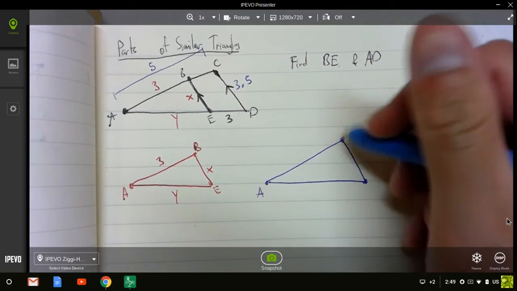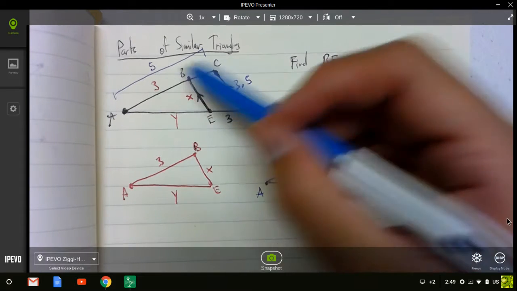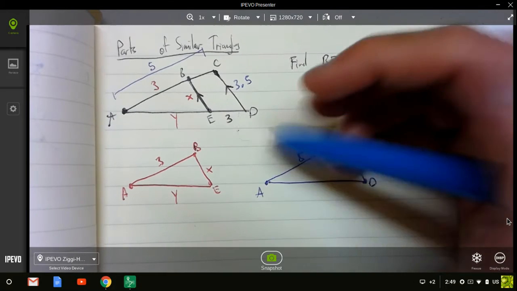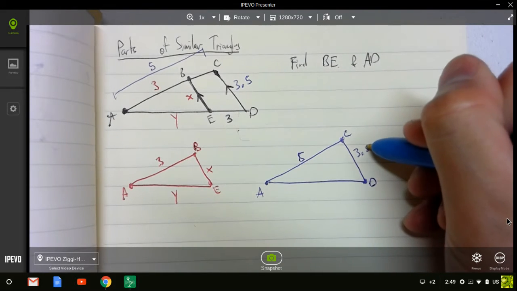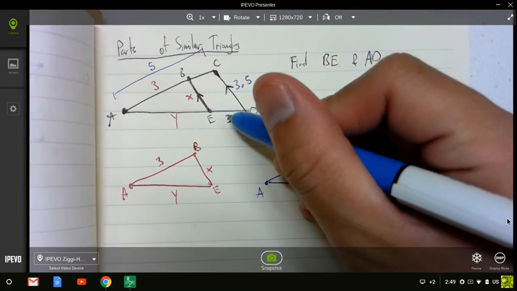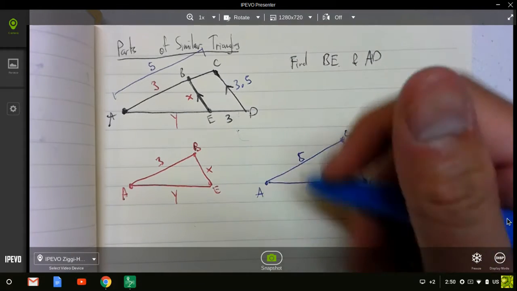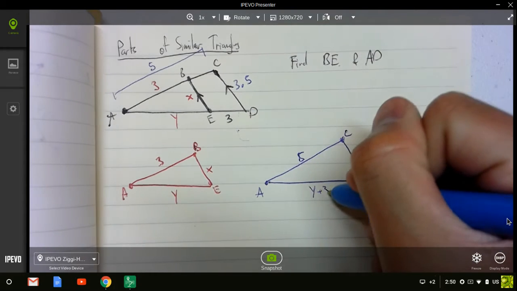Be A, C, D. And I'm going to say that AC is given to me as 5. CD is 3.5. This one's a little bit trickier on the bottom. This is actually ED plus AE on the bottom here. So that's going to be Y plus 3 in all technicality.